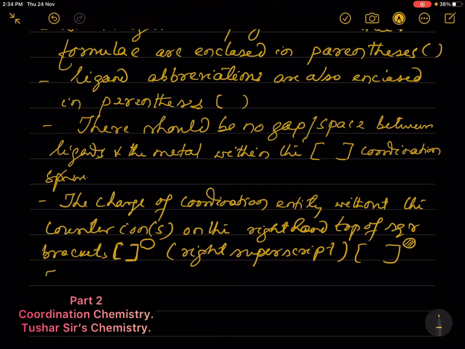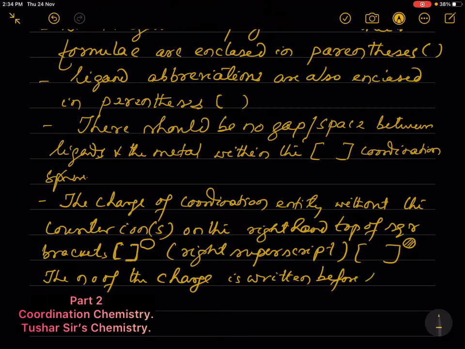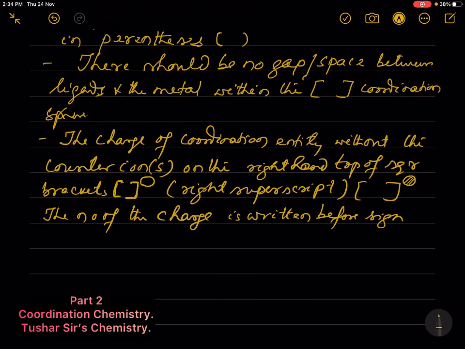The number of the charge is written before the sign. Example, Cu(NH3)4 2+: the 2 is written before plus.